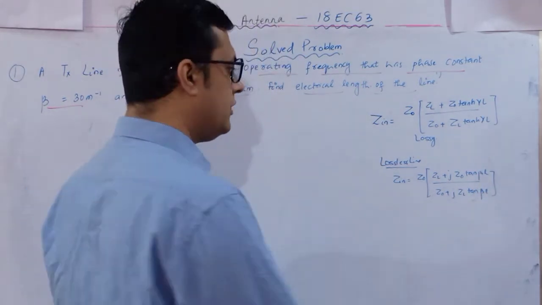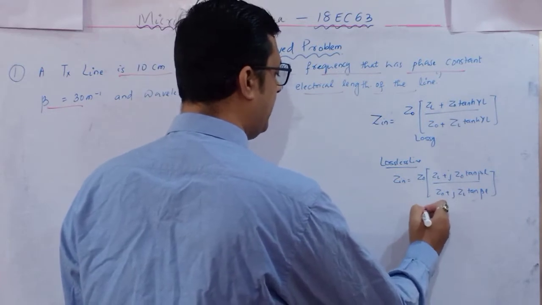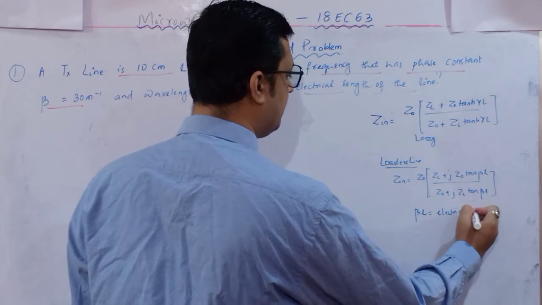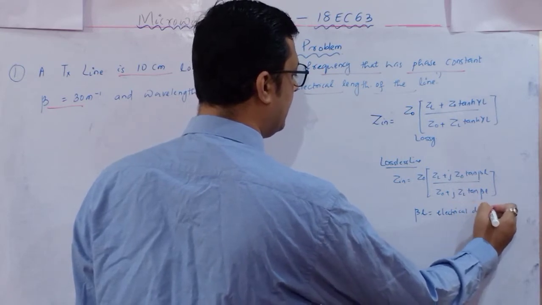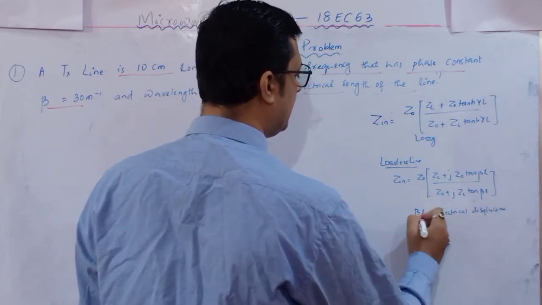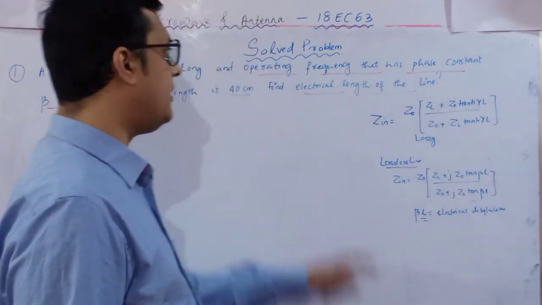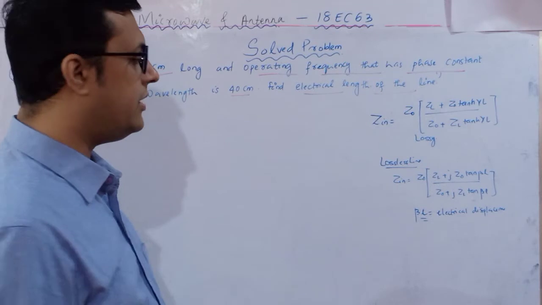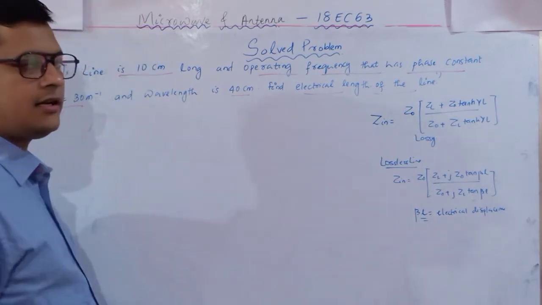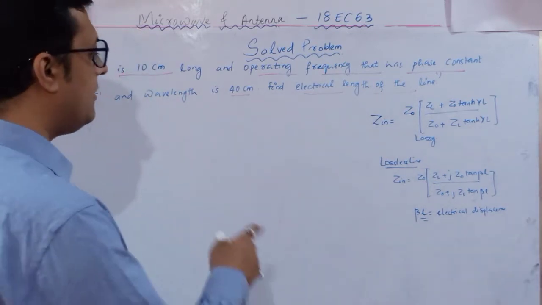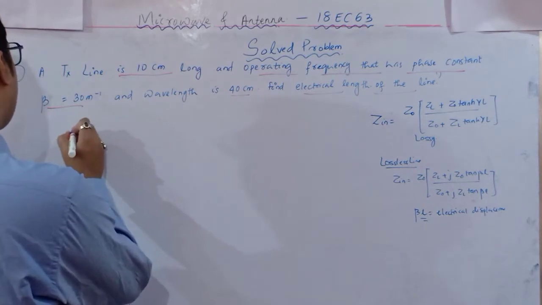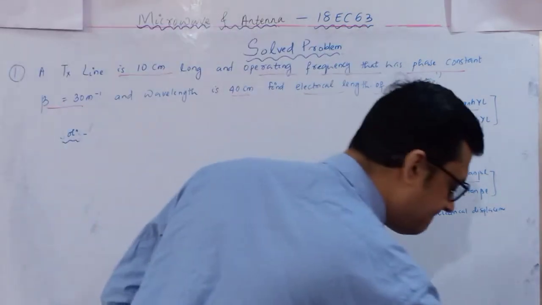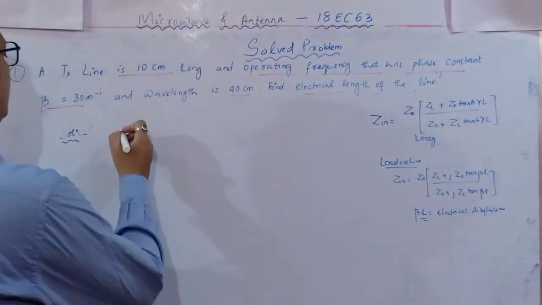Now what I have told, this product beta L is called electrical displacement, okay, electrical displacement. So here in this question it was asked that you have to determine the electrical displacement. So electrical length or electrical displacement, both are the same. So here I will write what the given data are.